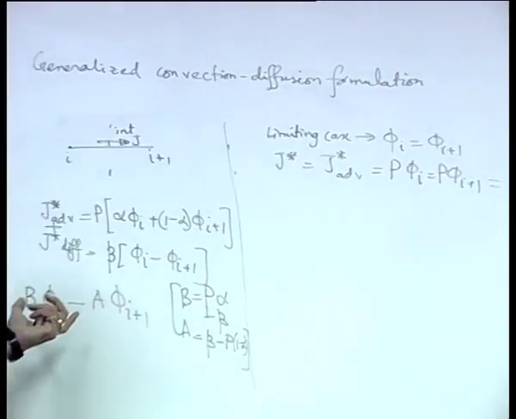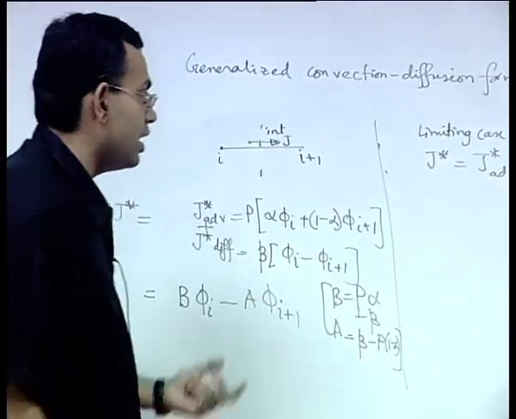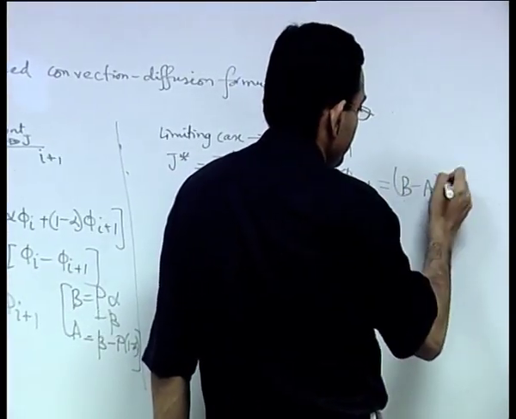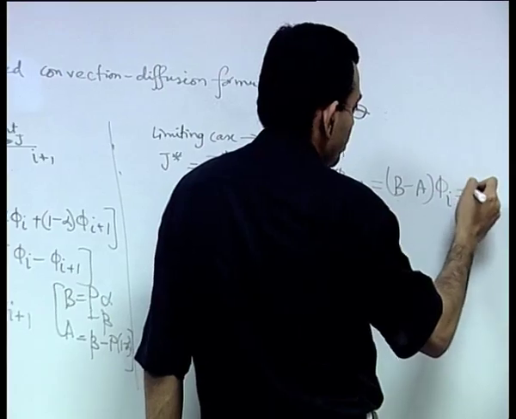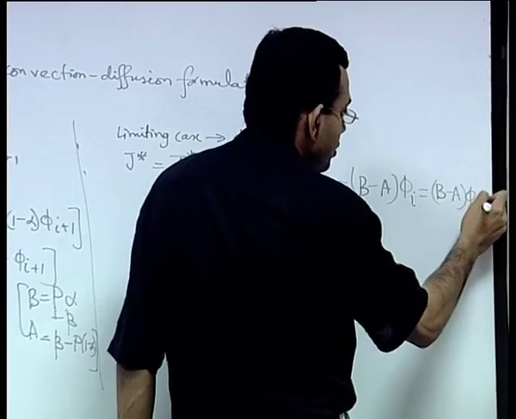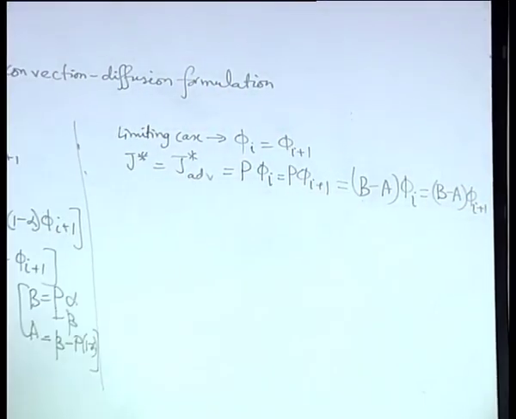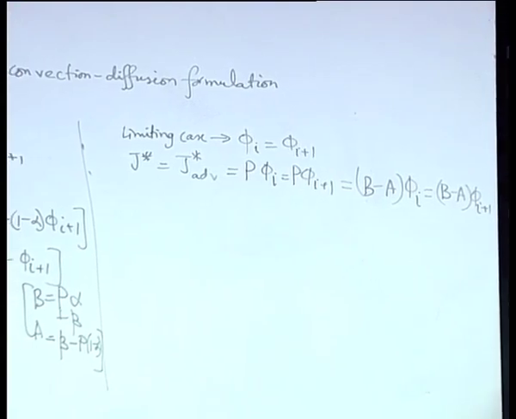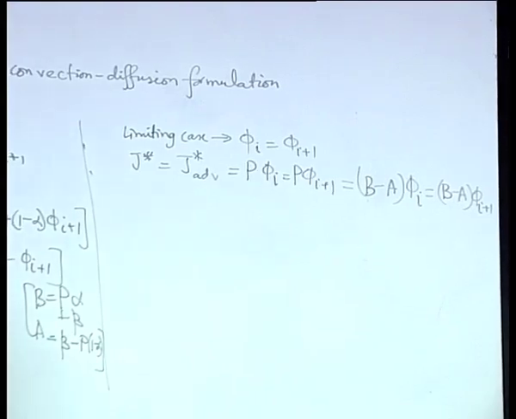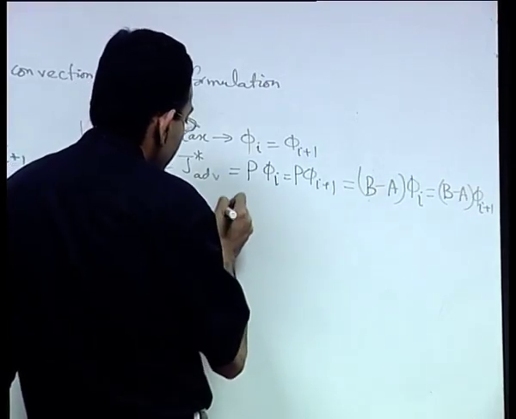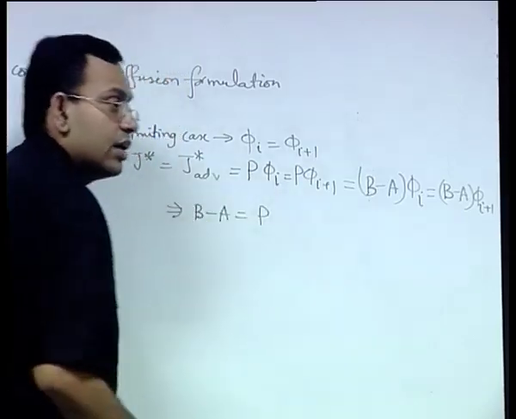Also, from the general formula it will be B minus A into phi I or B minus A into phi I plus 1. So, by comparing these expressions we can write B minus A is equal to Peclet number.